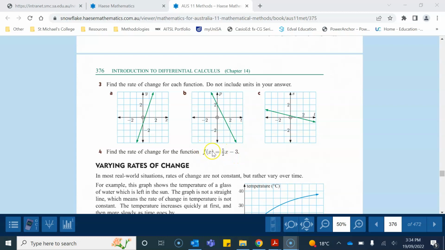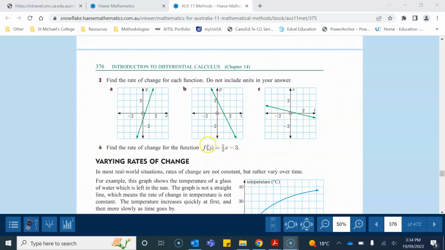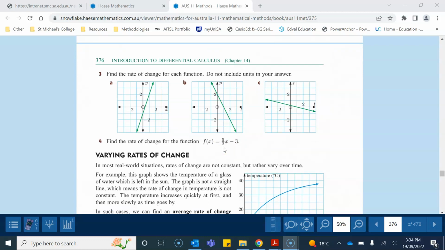So instead of writing y, we sometimes write f of x because we're just saying how does the function change with respect to x. You'll remember this is in gradient-intercept form. So we can look at what's in front of the x term, and that's going to tell us something about the gradient, and therefore it's going to tell us something about the rate of change.